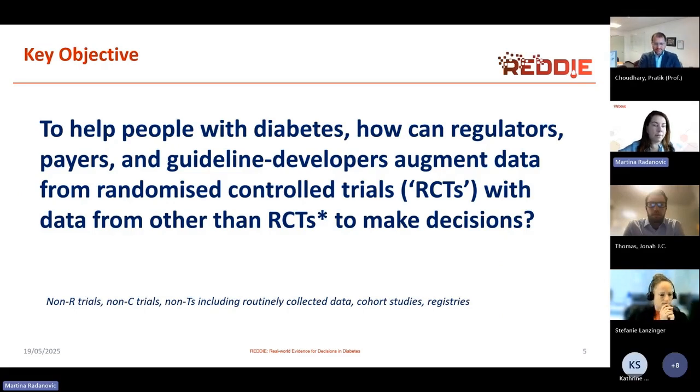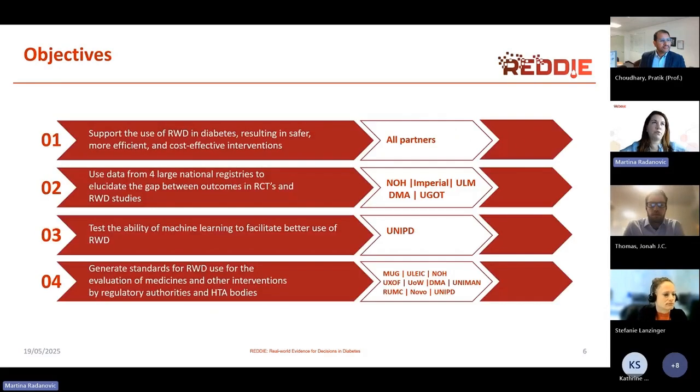We had some information about this as well in the first webinar, but today we will focus more on other objectives. This is also kind of a set of our sub-objectives that we have. So what we want to do is definitely support the use of RWD in diabetes, and hopefully this results in safer and more efficient and cost-effective interventions.